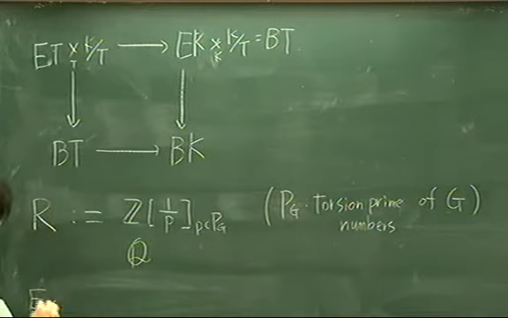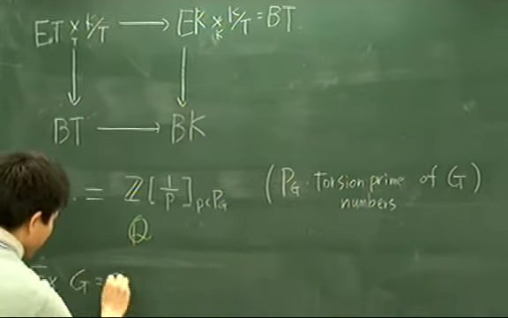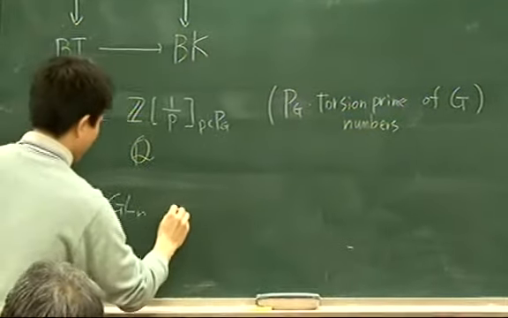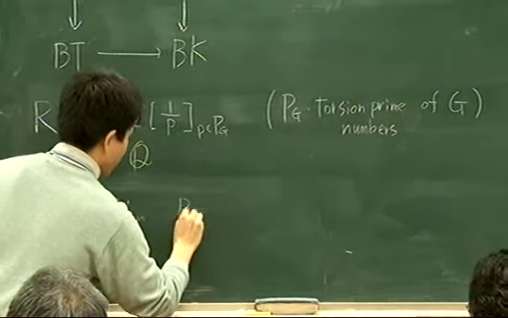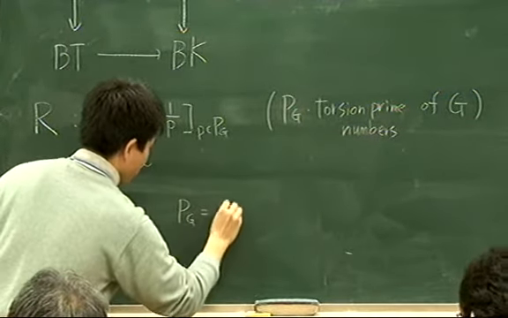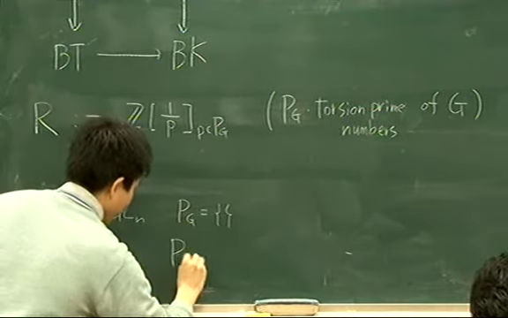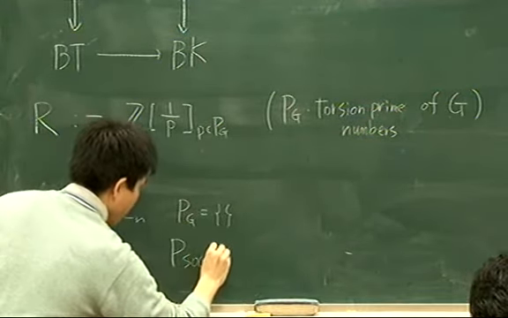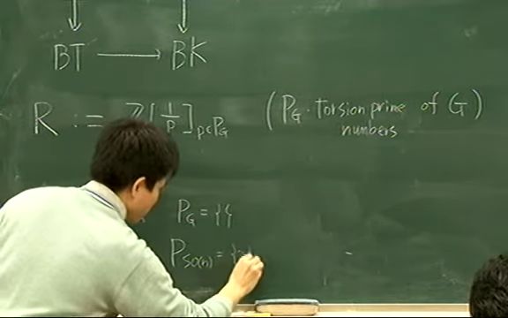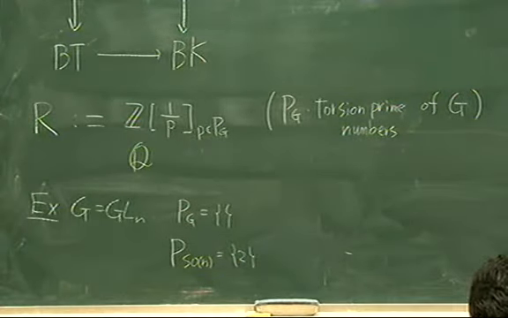So for example, if G is GL_n, then P_G is empty. For PSO_n, you need 2 to be inverted.